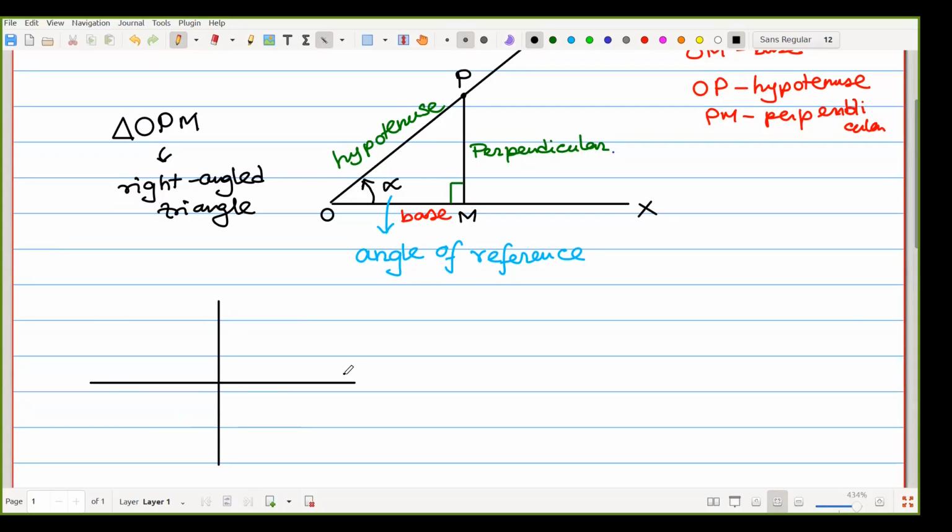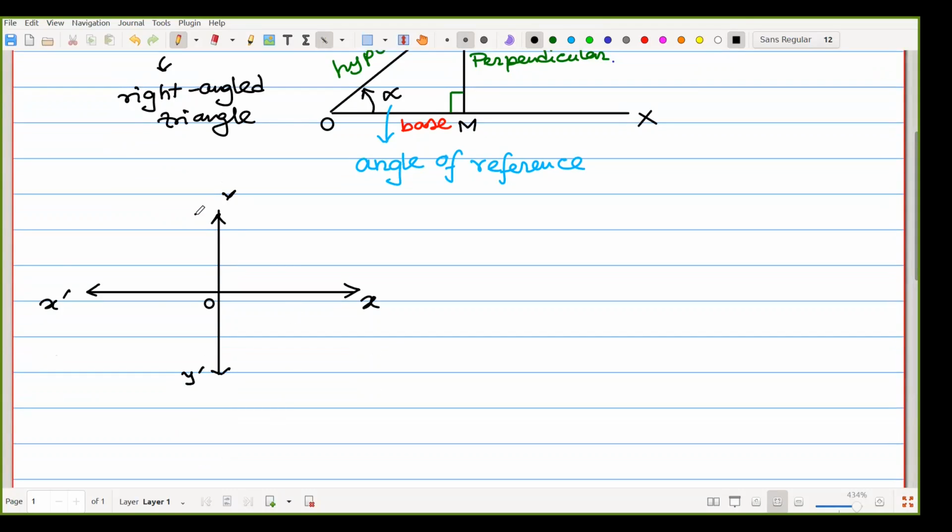Suppose that one is a coordinate system. O, that is our X, Y, X dash, Y dash. So the angle may be in here.